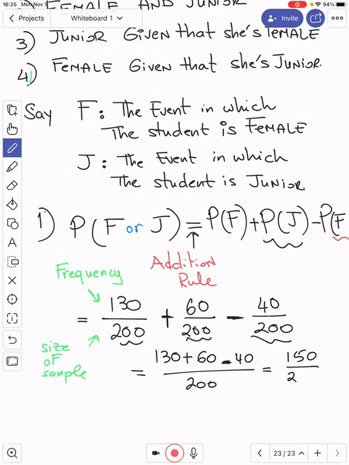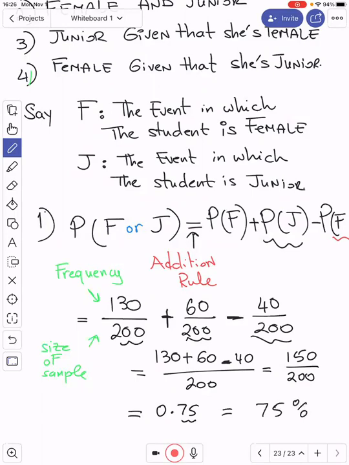So 130 plus 60 minus 40 is 150 over 200. If you divide 150 over 200, that will be 0.75. It has to be two digits after the dot. So that would be 75%.